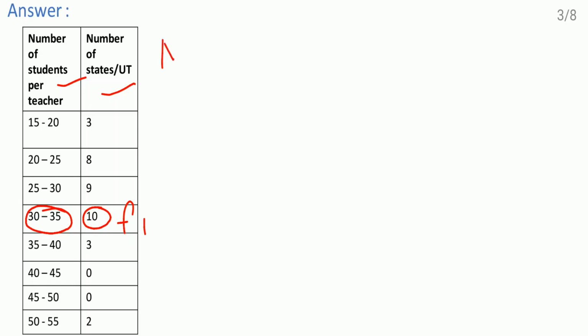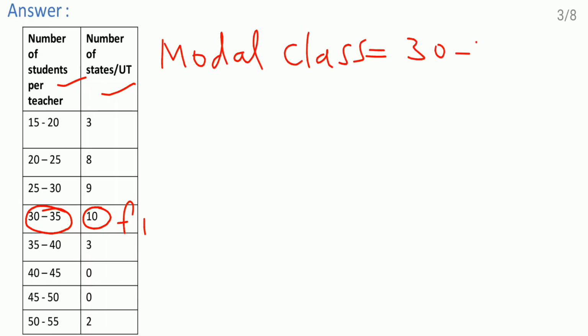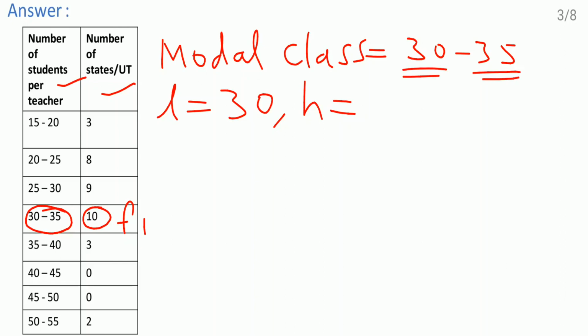So here we'll write down modal class, which is equal to 30 to 35, right? Lower limit of this class is 30. H, that means class width or class size, upper limit minus lower limit. This is the upper limit, this is the lower limit. So subtraction of this comes as 5.